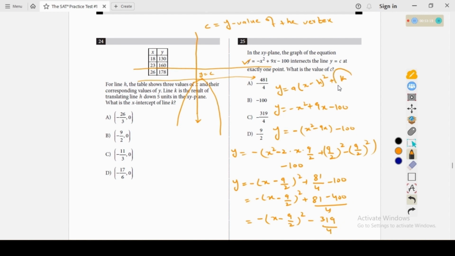Since k represents the y value of the vertex, so minus 319 by 4 is the right answer because it represents the value of c. So c is the right answer.